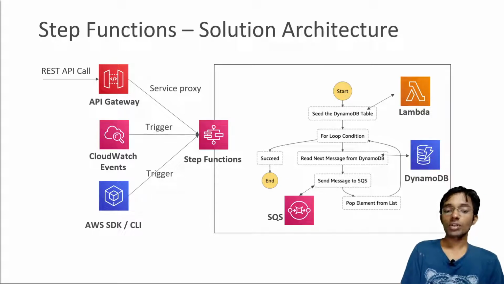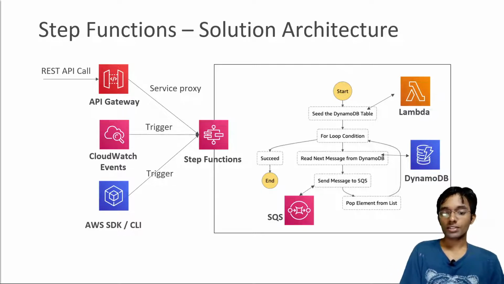And once your Step Function is created, this is an example where we are interacting with a DynamoDB table. So we need to see the DynamoDB table, in which case maybe we'll invoke a Lambda function to do that. Then we need to go on the loop and read the next message from DynamoDB, in which case we may just use a DynamoDB integration to read the next message, and then we have to send the message to SQS, in which case we can also use the direct integration with SQS.